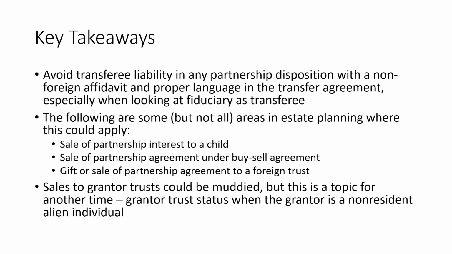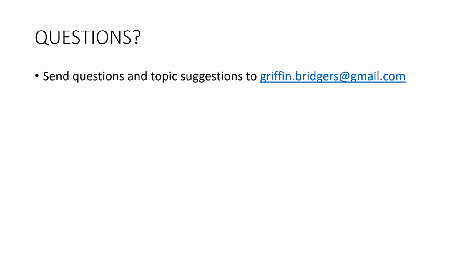And I also want to highlight to be careful with sales to grantor trusts, because these could be muddied, especially with this new rule and in a case where the grantor is a non-resident alien individual. But that's a topic for another time. I'm going to go ahead and cut this presentation short and wrap up.